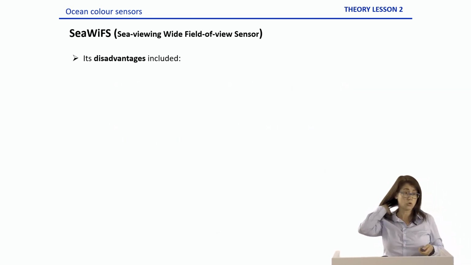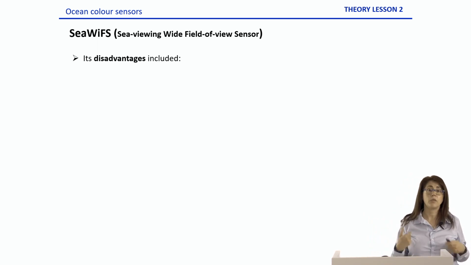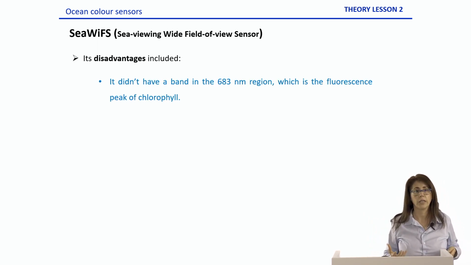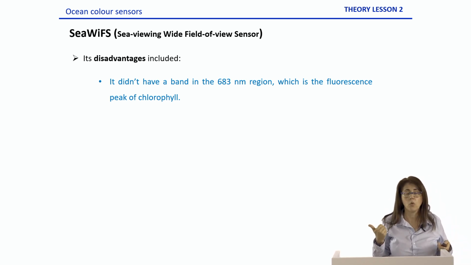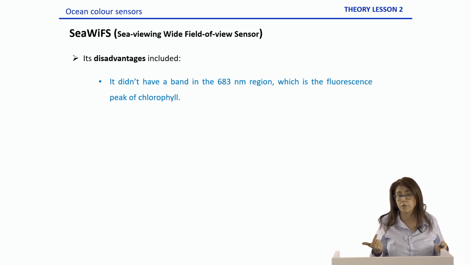But of course, it also had some disadvantages. First, it didn't have a band in the 683 nanometer region, which is the fluorescence peak of chlorophyll.